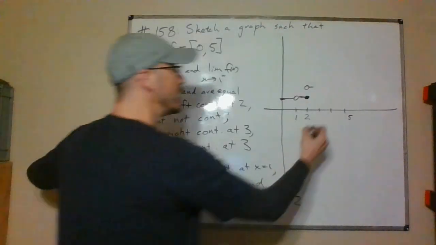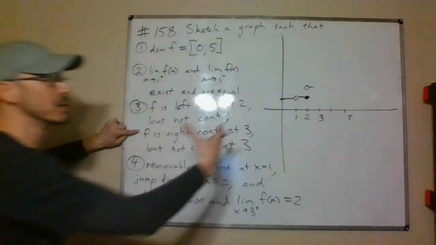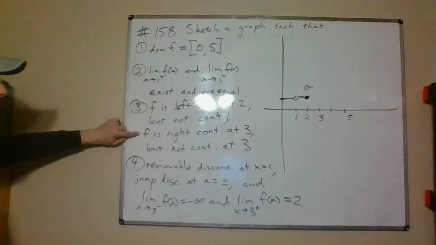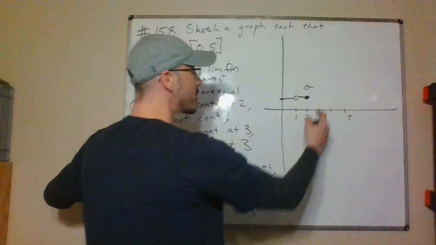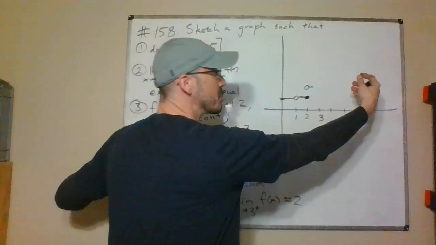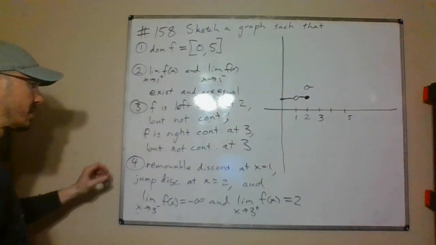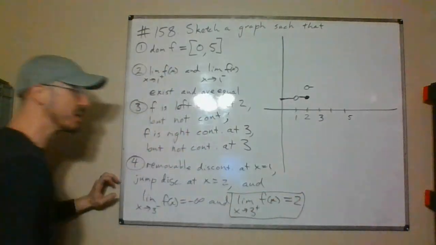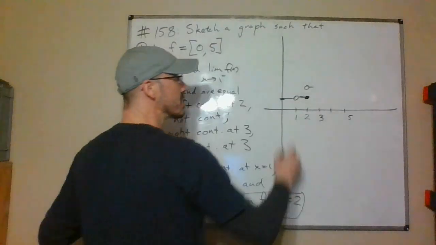For 3, I'm starting to wish I made my axes wider, but I think it'll work. Right continuous at 3, but not continuous at 3. So whatever it is at 3, it's going to be coming into that value from the right, but not from the left. And here's where we get that information: that limit from the right as x goes to 3 is 2.